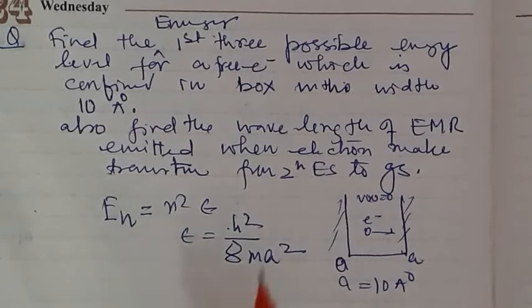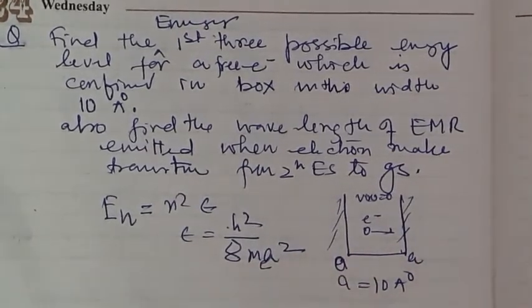The formula to apply is En equals n square times epsilon, where epsilon is h square over 8 m a square, m being the mass of the electron. The electron is bouncing back between two walls having infinite potential, and inside the box the potential is zero, ranging from 0 to a, which is 10 angstrom.